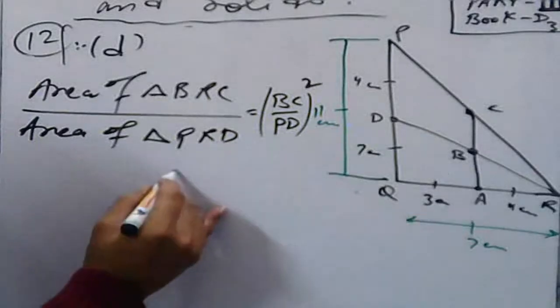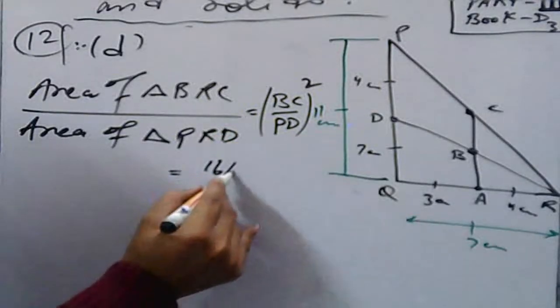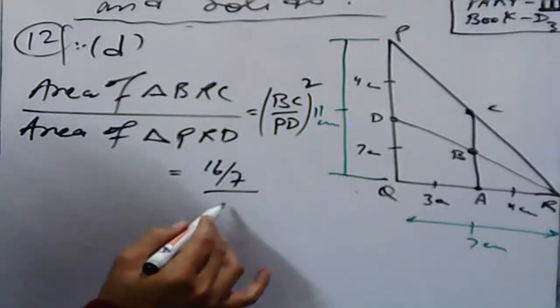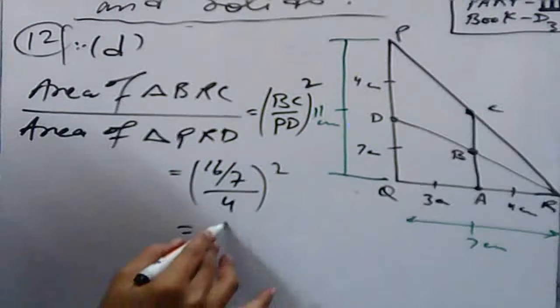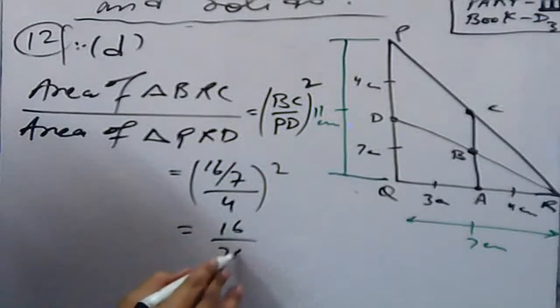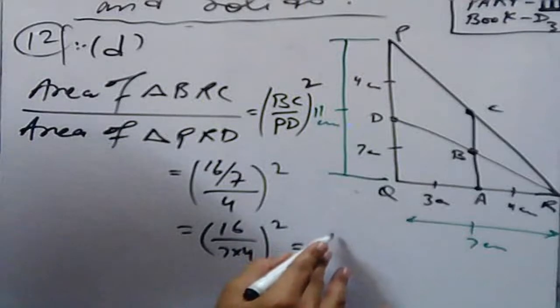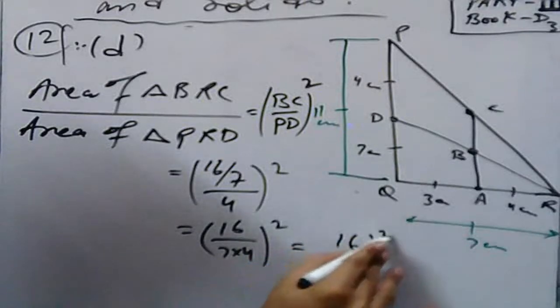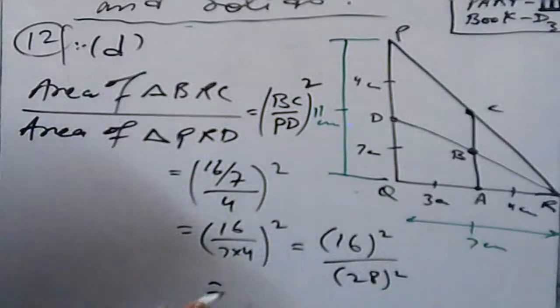Now by putting the values, BC we have already calculated, that is 16 by 7. Now PD is 4 having square, so simplify it: 16 by 7 multiplied by 4 having square, so you will get 16 square and 28 square.